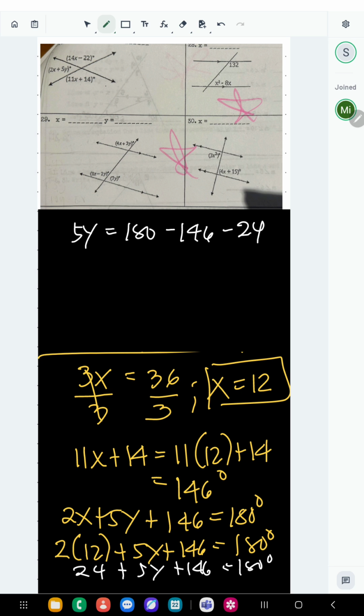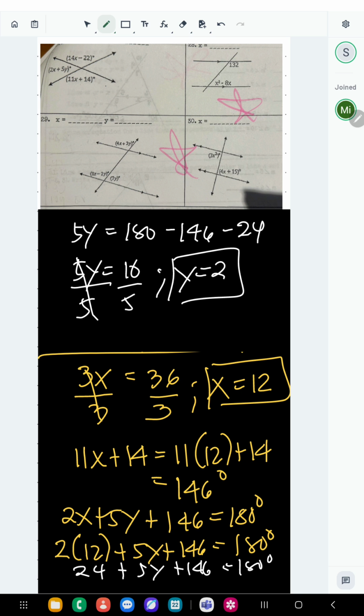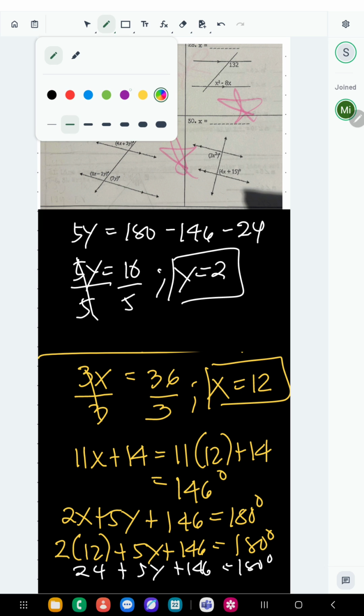What is that? 180 minus 146 minus 24. So 5y equals 10, and then divide by 5. Therefore y is equal to 2. Then you can find the angles, but you're only asked for the values of x and y, so you don't need to find the angles.